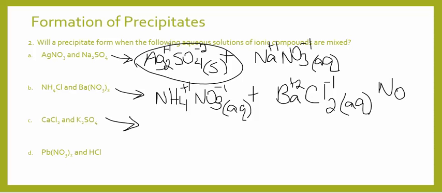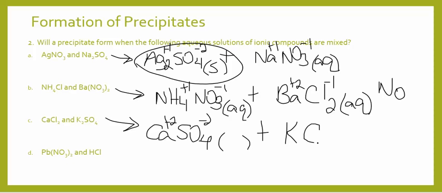Let me do one more. CaCl2 plus K2SO4. Calcium will combine with SO4. And then you're going to get potassium with chloride. Go back to the chart.